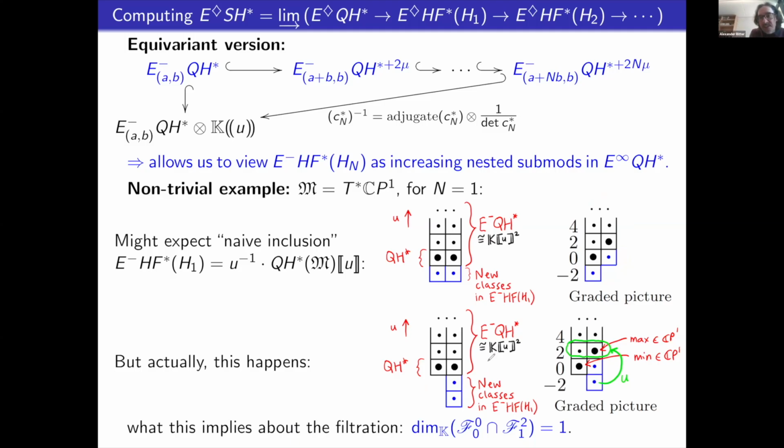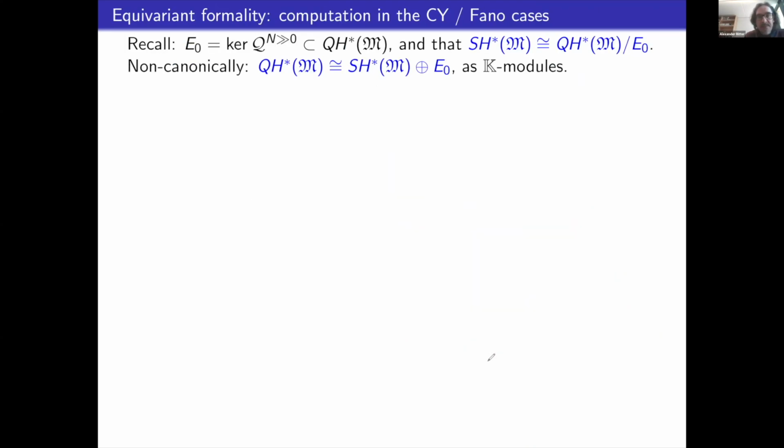All right. So let me now tell you a little bit about what's happening more generally. Oh yeah, so first I want to say something about equivariant formality. So you might ask, do you get equivariant formality also for the Floer theory? So in this case, I'm assuming our manifold is either Calabi-Yau, meaning C1 is 0, or Fano, C1 is a positive multiple of the class of the symplectic form.